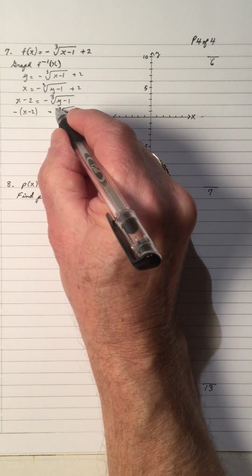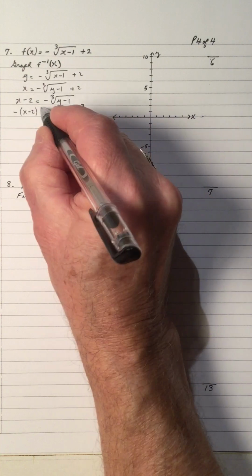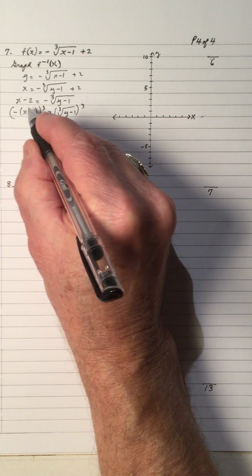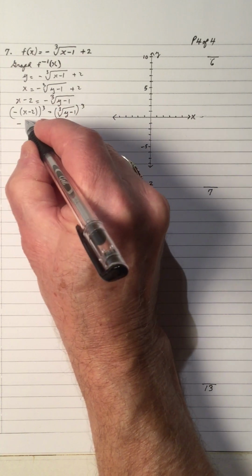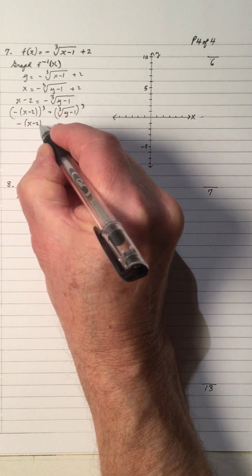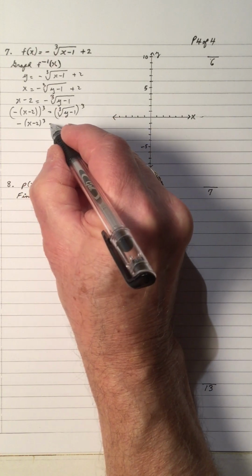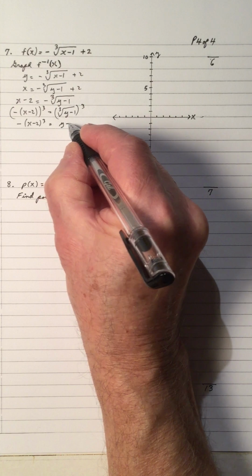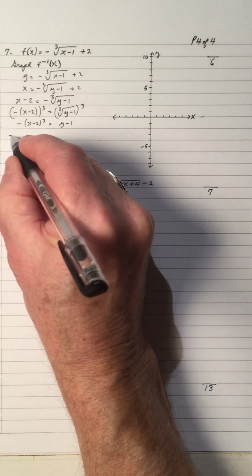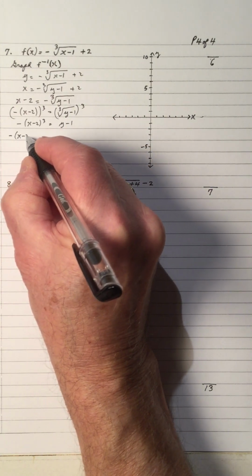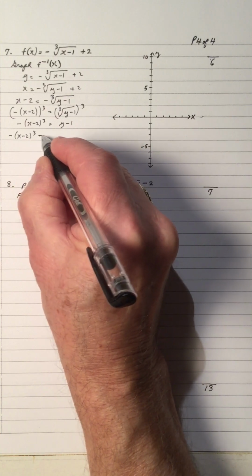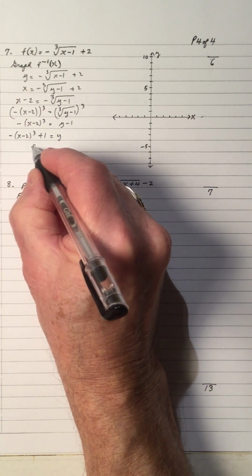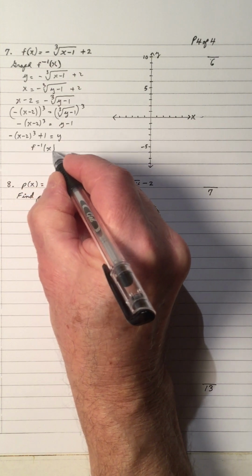Now I'm going to cube both sides. The negative cubed is a negative, and we get x minus 2 cubed. And the cube root of y minus 1, cubed, is y minus 1. So negative x minus 2 cubed plus 1 equals y. So this is f to the negative 1 of x.